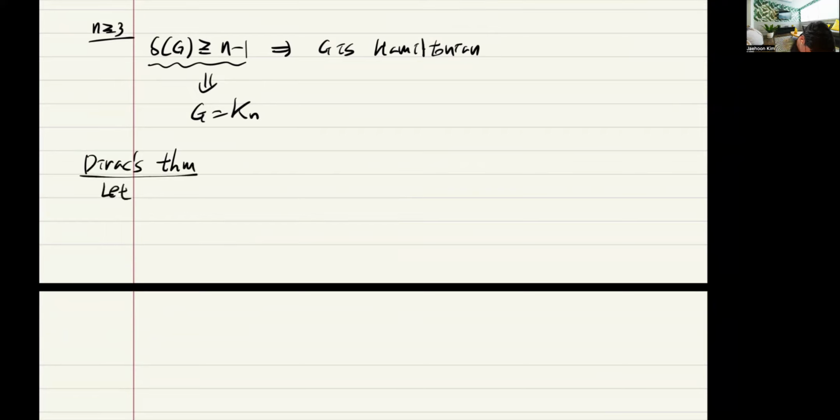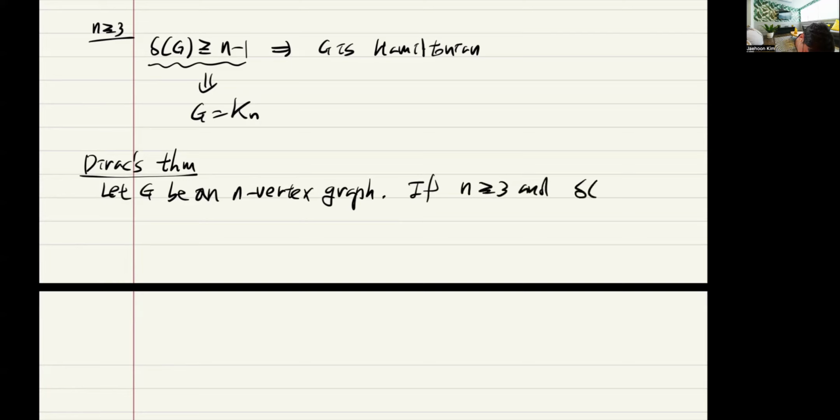When G is an n vertex graph, if n is at least 3 and the minimum degree is at least n over 2, then it's Hamiltonian. And this condition is best possible.